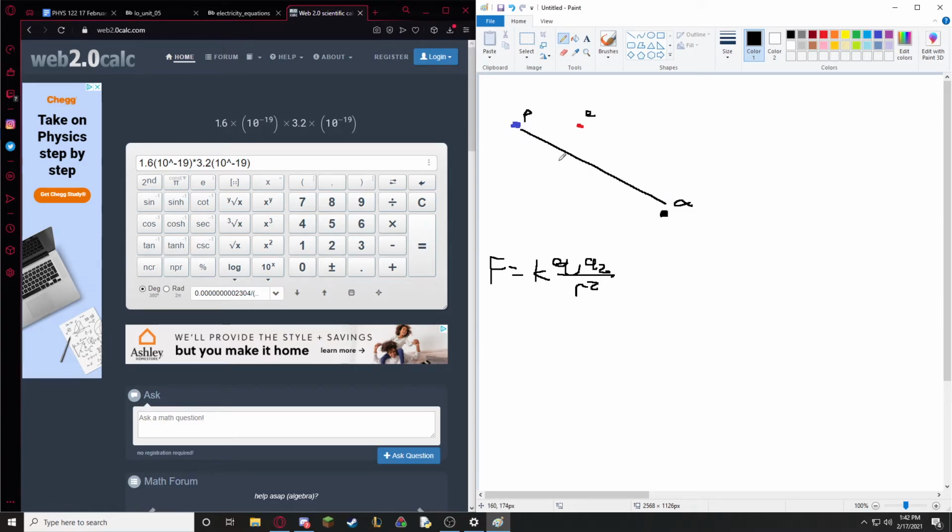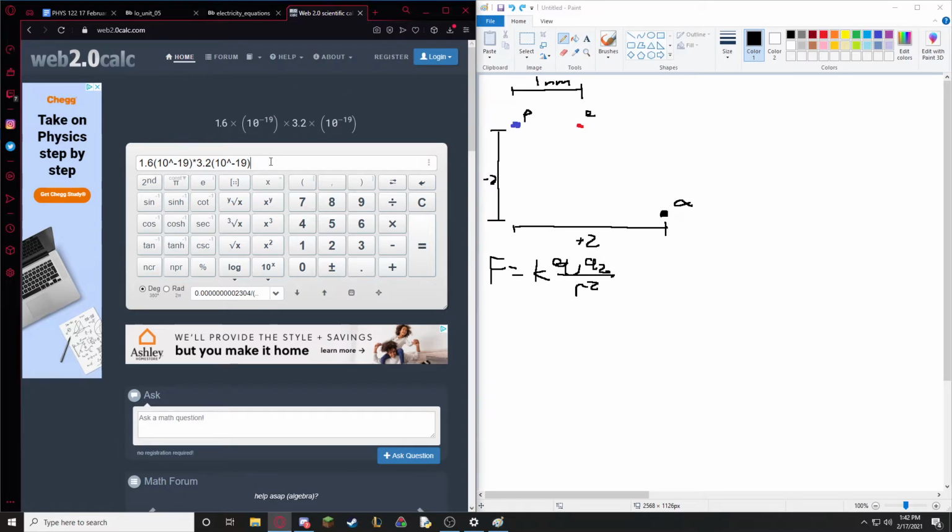So you want to know how we would calculate that distance here? Remember, this distance is 1 nanometer. And so this would be 2 nanometers because it's minus 2. And along here, it's plus 2. So we're at 2, negative 2. How do we calculate this distance across the diagonal? You'd use Pythagoras, and you get root of 8. Yep, root 8, and that's in nanometers.